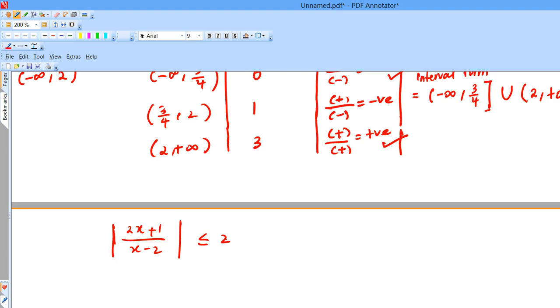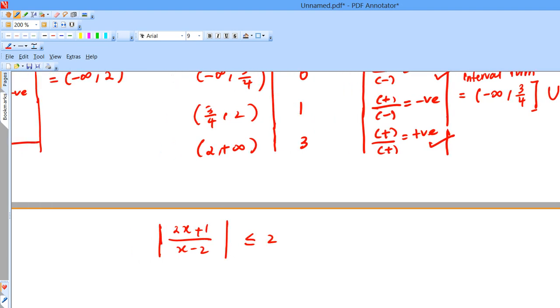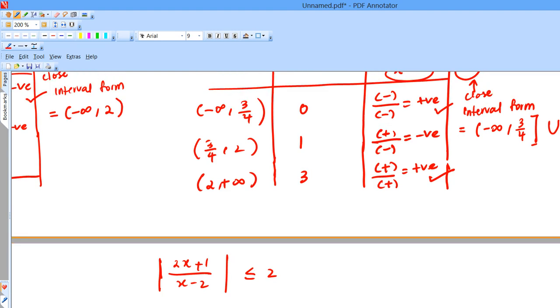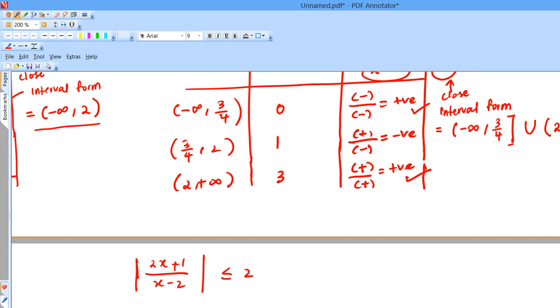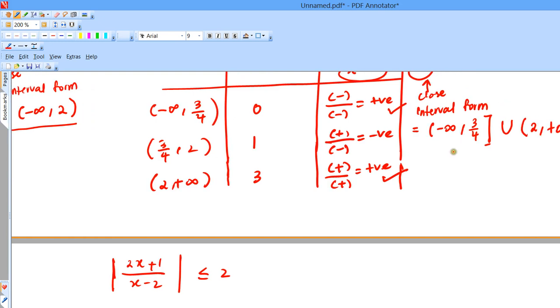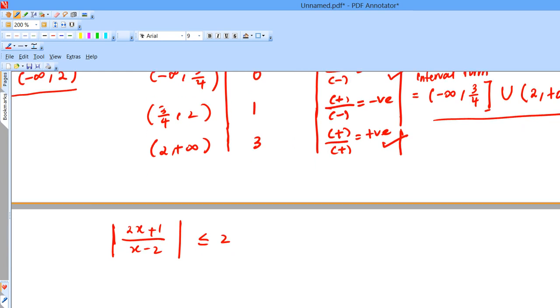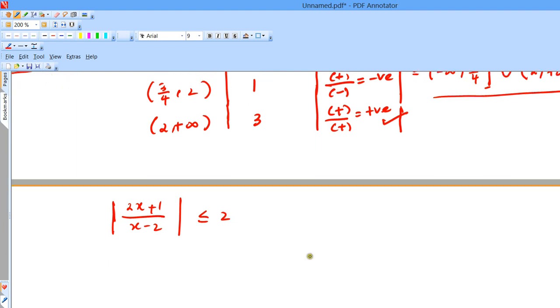Actually, from both intervals that we get, for the first inequality we get from negative infinity to 2, and for the second inequality, our solution is from negative infinity to 3/4 union 2 to positive infinity. So how to find the solution? You can sketch a solution based on a real number line.